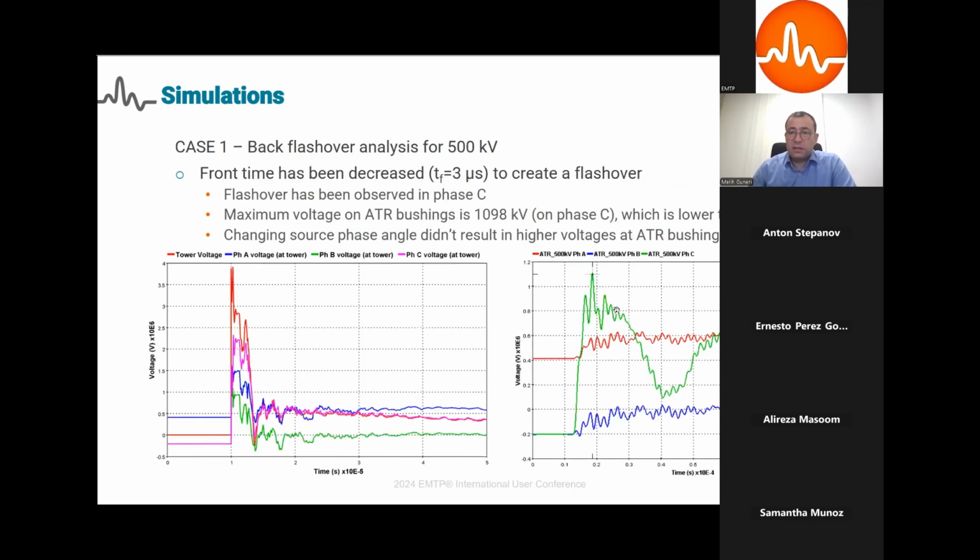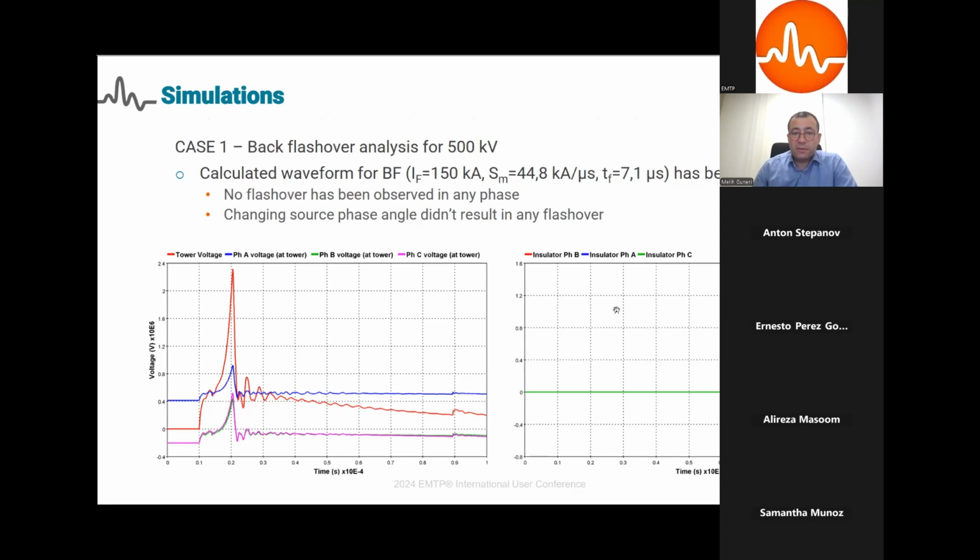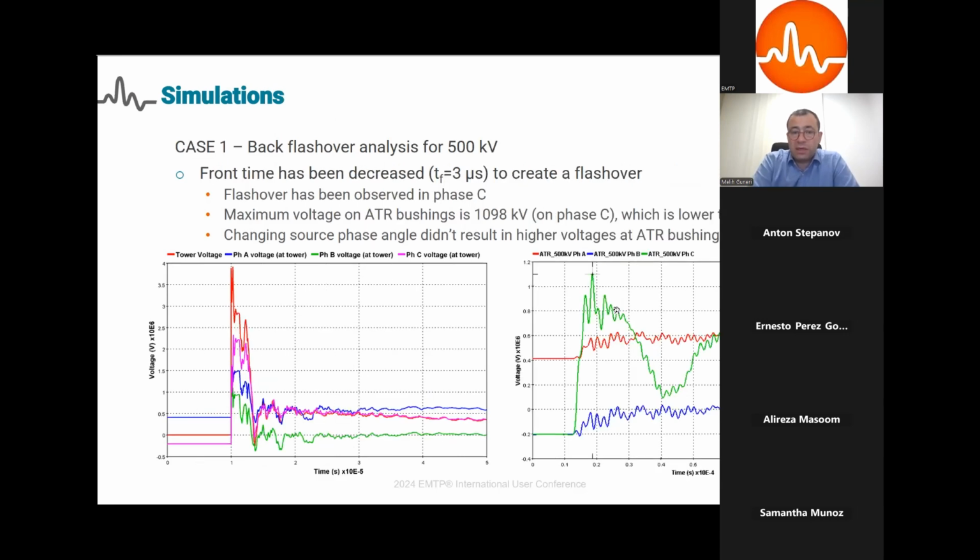In order to see what happens if somehow we have an overvoltage, a back flashover, we tried to decrease the front time, as the decrease of the front time would result in a much higher back flashover possibility. So we decreased the front time from 7.5 to 3 microseconds.